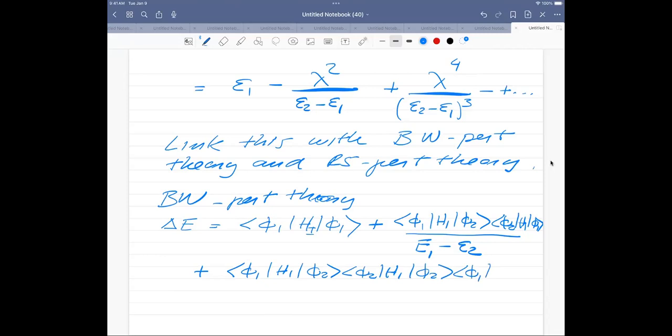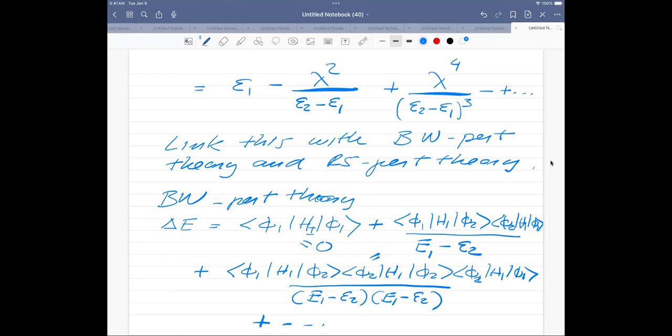This is where we're going to stop today, and I will try to finalize this example tomorrow. And this is divided by E1 minus epsilon 2, and so on. Then we have higher order terms. But the thing which you see here immediately is that this one is 0, by the way we have defined the Hamiltonian.